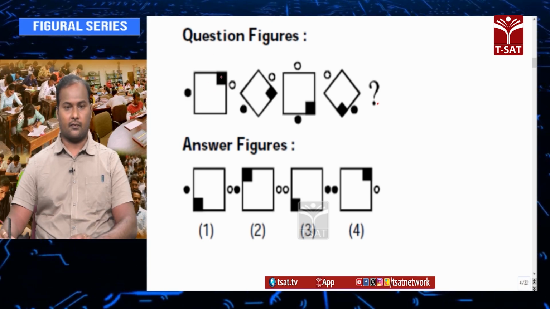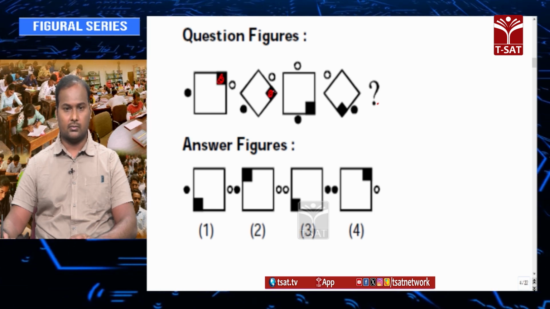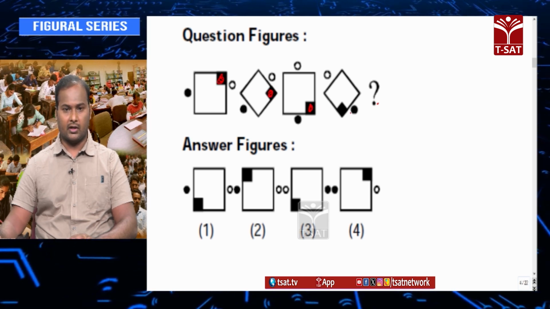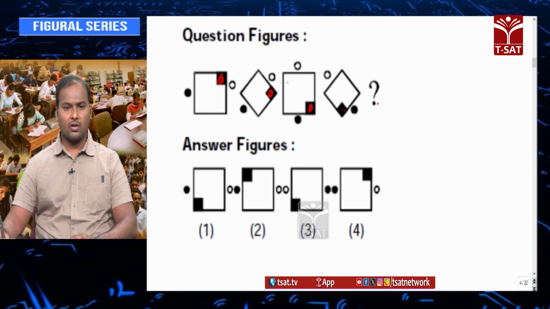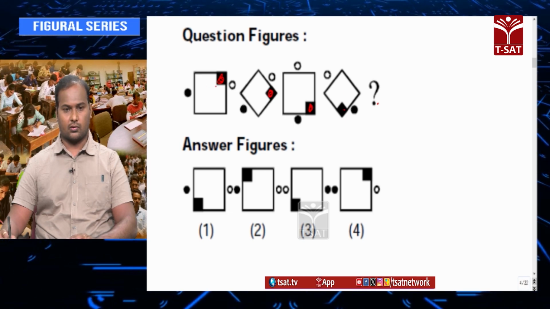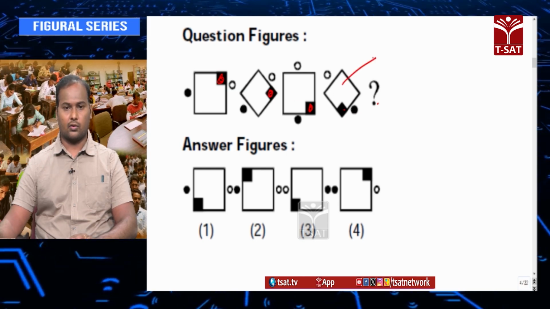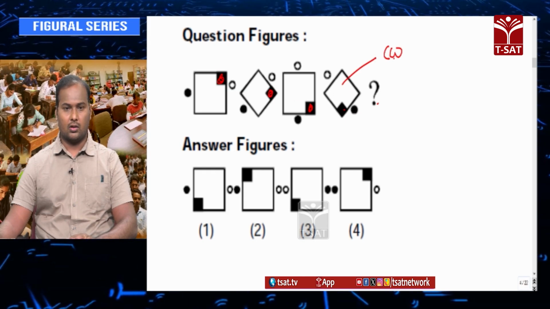You see this inner figure, here is the point, again here, again here, and again it comes to the bottom. So how is it rotating? From this point we can clearly say that this figure is rotating clockwise.